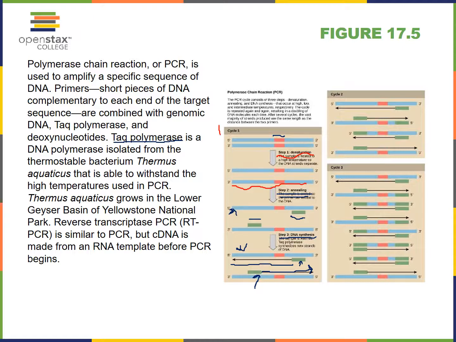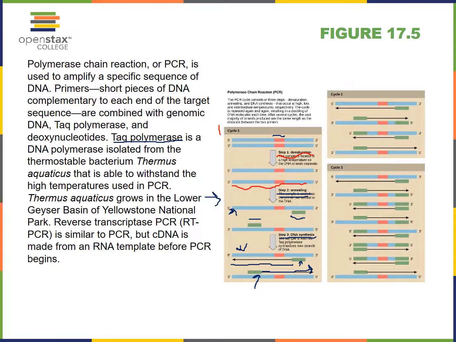So the problem with human polymerase is that it works at roughly 42 degrees Celsius. And that is below a temperature where primer annealing could occur.